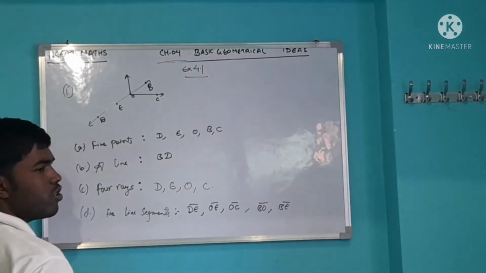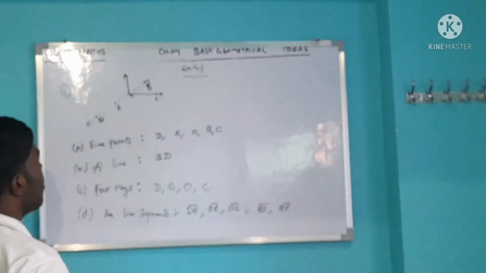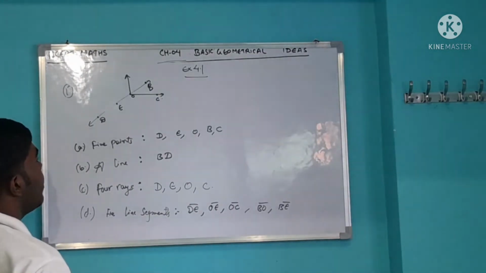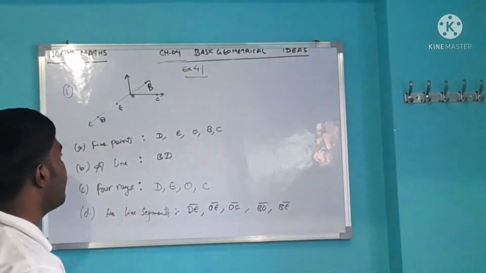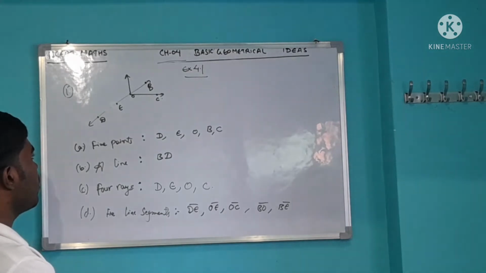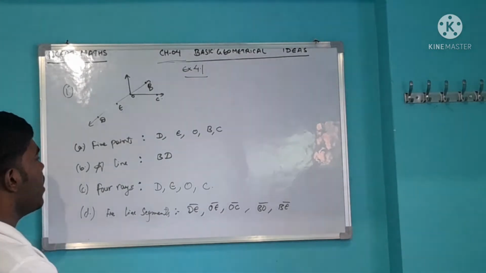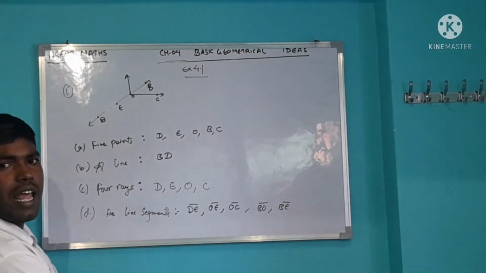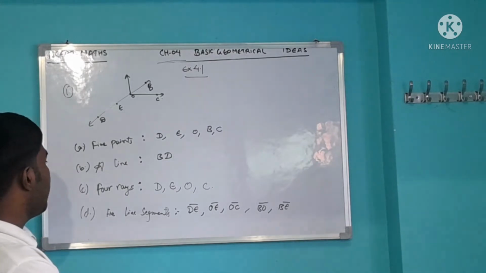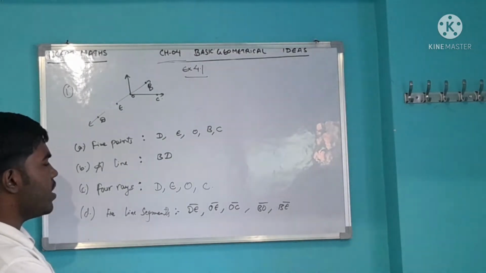So this is all our first question, in which we have a figure having points B, C, D, E, O, and it has 4 parts. In first part we need to find the 5 points through this figure. So we have the answer. In B part we need to find a line, and we know that a line is formed by joining of 2 points. In C part we have 4 rays.